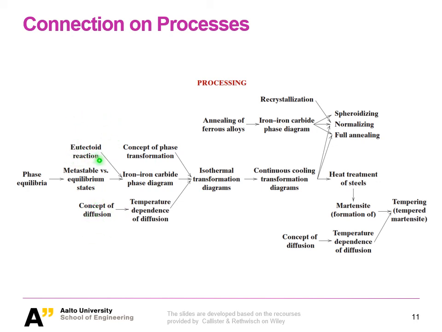It includes all the elements when we talk about the phase diagram, and then the phase transformation with isothermal and continuous cooling, and then it combines quite well with these processes we just introduced to you, no, this Tuesday. So different annealing processes and also quenching and tempering. So these nice heat treatment processes. Of course, it's not including the casting and forming processes that could nicely enter such a diagram as well.